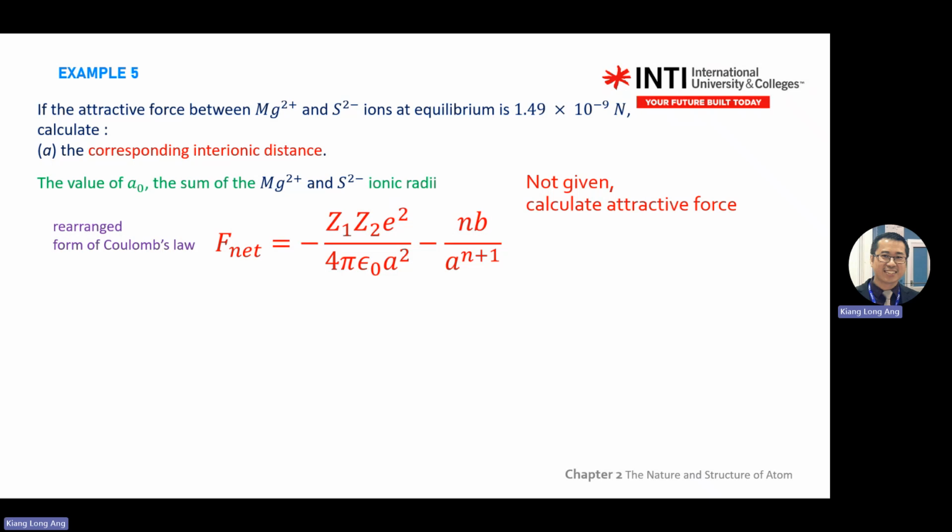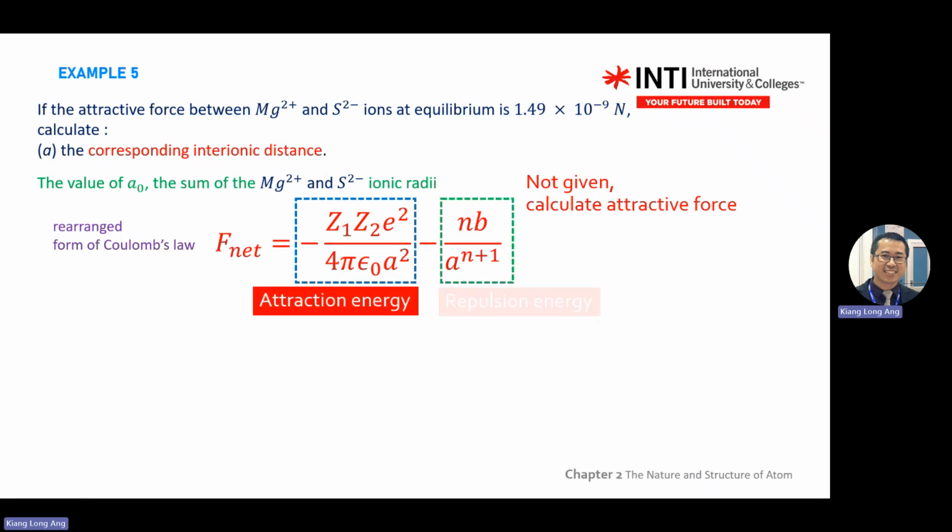So minus Z1 Z2 e squared over 4 pi epsilon a squared, and so on. So what values do you know? You know Z1, Z2, from the equation here. And what else? A and B are not given, so you calculate the first one.